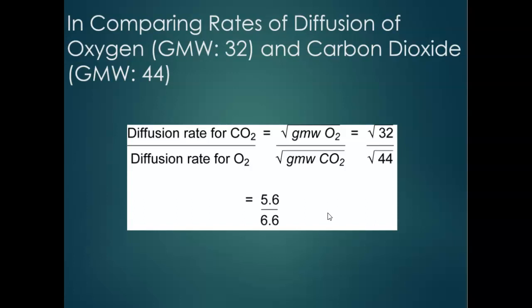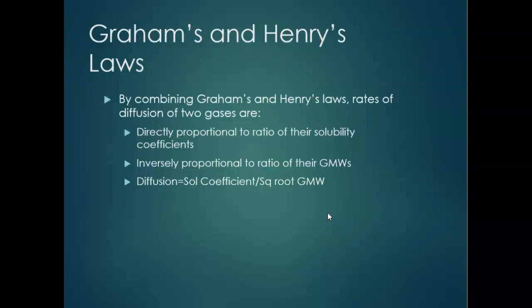So if you calculate it out, the diffusion rate for CO2 versus the gram molecular weight of O2 versus CO2, you arrive at this combination of these laws. So again, diffusion is more likely if it's more soluble, and less likely if the molecule is bigger.